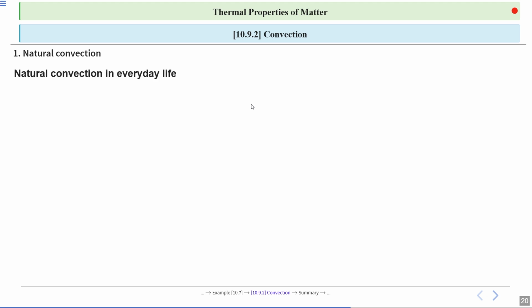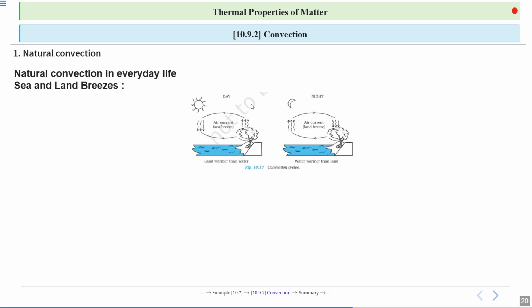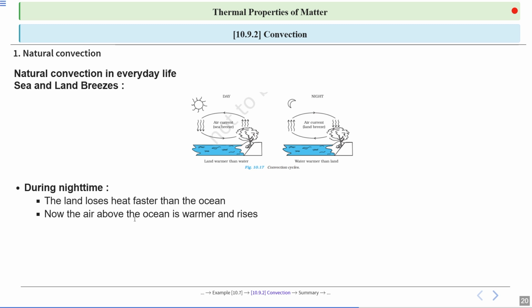Similarly, sea and land breezes during night time. So during night time, what happens? The land loses heat faster than the ocean. Now the air above the ocean is warmer. So during night time, the air above the ocean is warmer and rises.